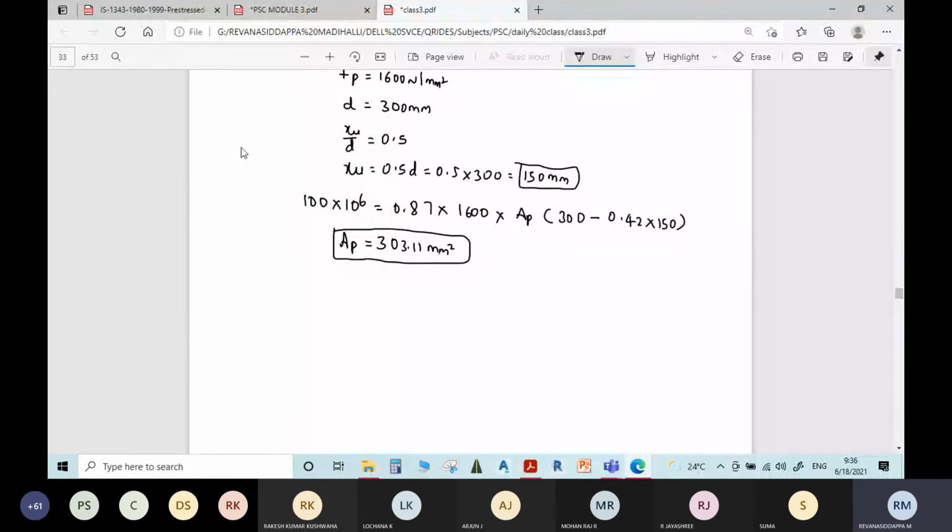Therefore, adopt a section of B is equal to 150 mm into 300 mm section.